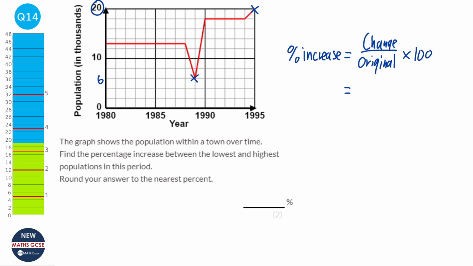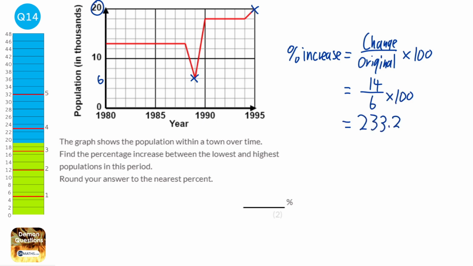So the change between the 6 and the 20 is 14. The original, the starting point, was the 6 and times by 100. And that gives us 233.333 blah blah blah percent. And this 100 technically is 100% that we're timesing it by. So it says it wants it to the nearest percent, so that would be 233%.